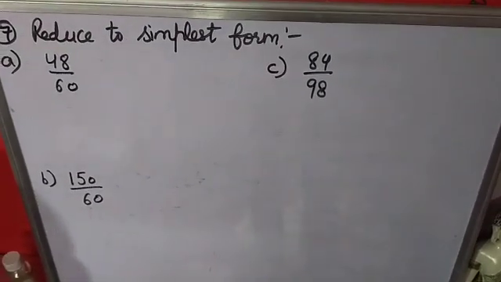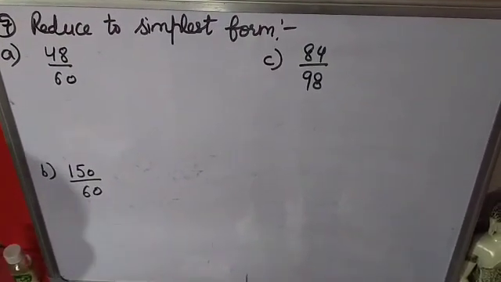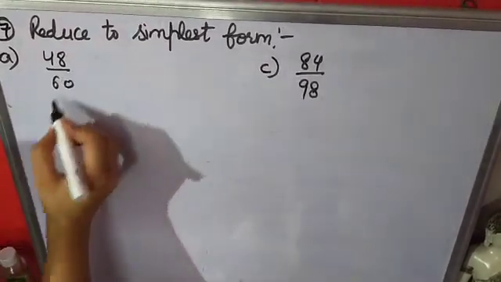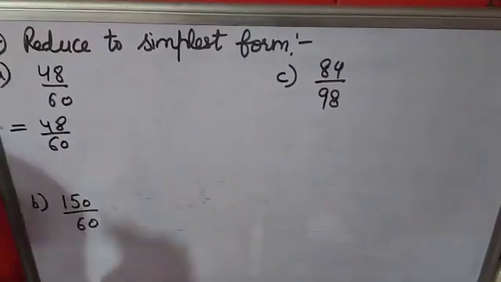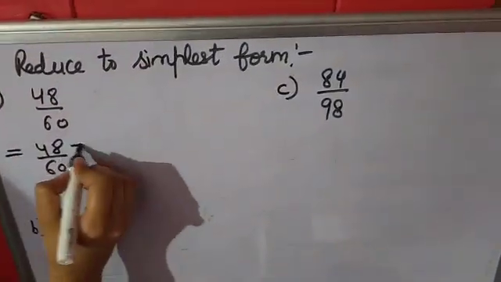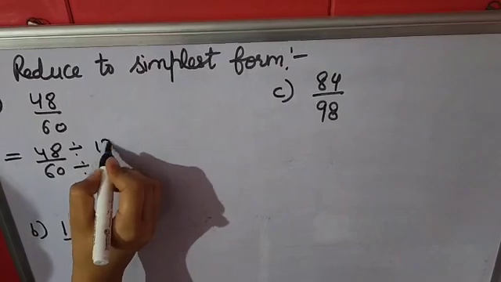Seventh question, reduce to simplest form. Now you have to cut. We will check 48 upon 60. Both numbers are divisible together in any table. Yes, 48 upon 60, both numbers are divisible by 12.